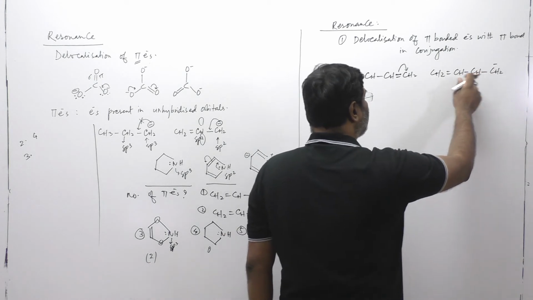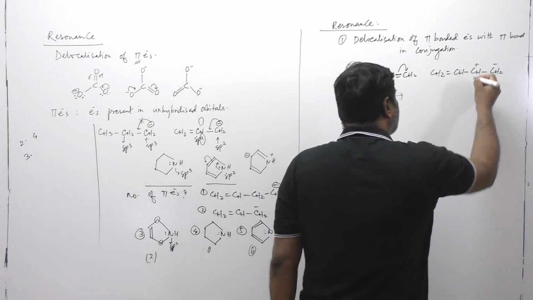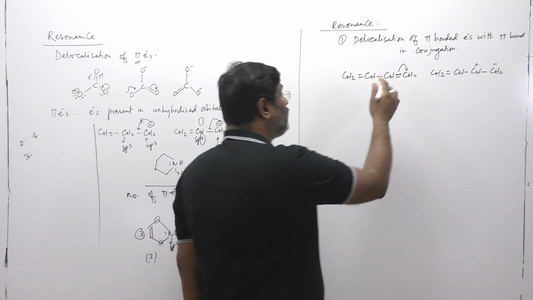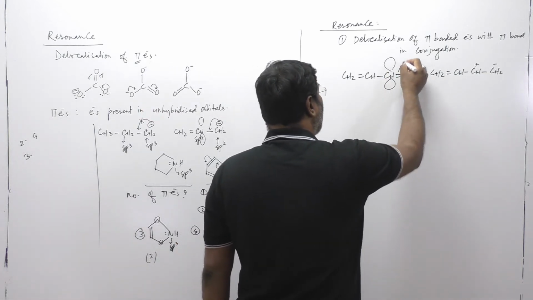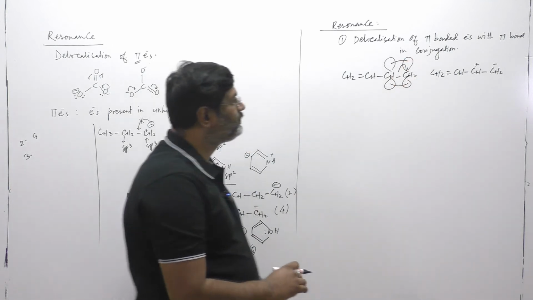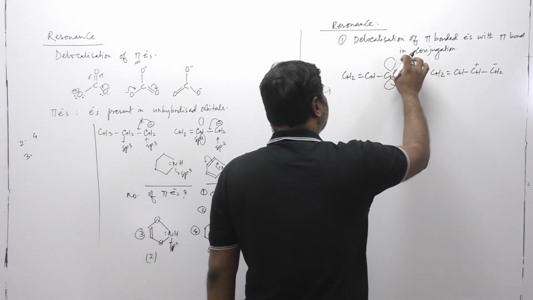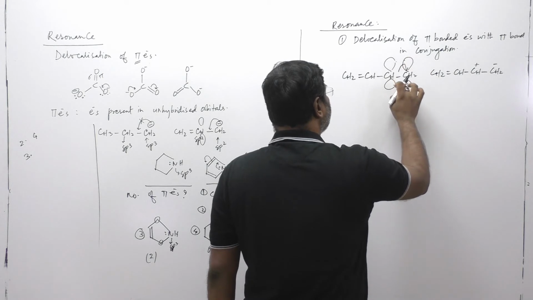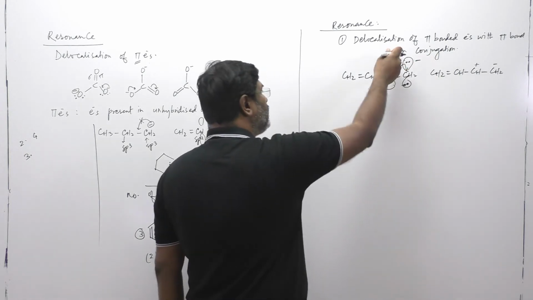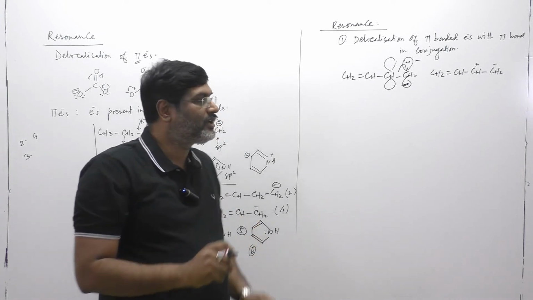And as this carbon atom has lost one of its electrons, it will have a positive charge. It means this orbital is vacant. Earlier, this was the pi bond. Now there is no pi bond here because the electrons are taken and both electrons are now here. This orbital is vacant, exactly.